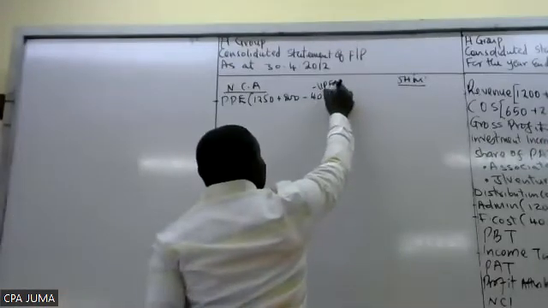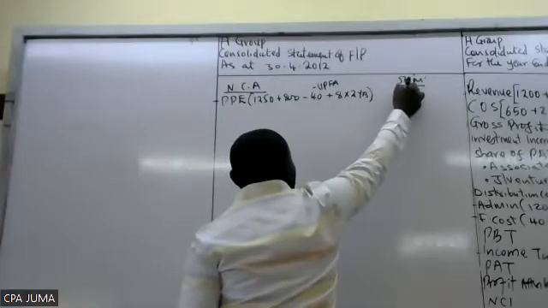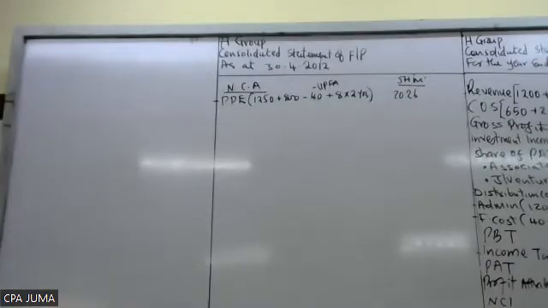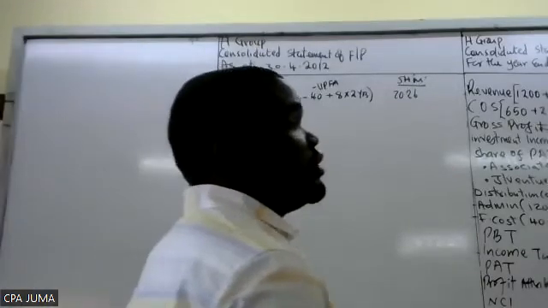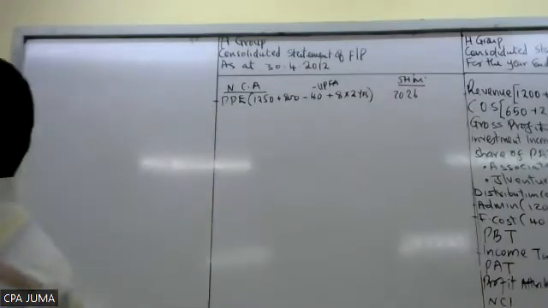Then they were charging excess depreciation, 8, but they have charged it for how many years? 2. So 1250 plus 800 minus 40 plus 16 must be correct. So 8 times 2 years is excess depreciation. So you add it back because they have understated the assets for 2 good years.